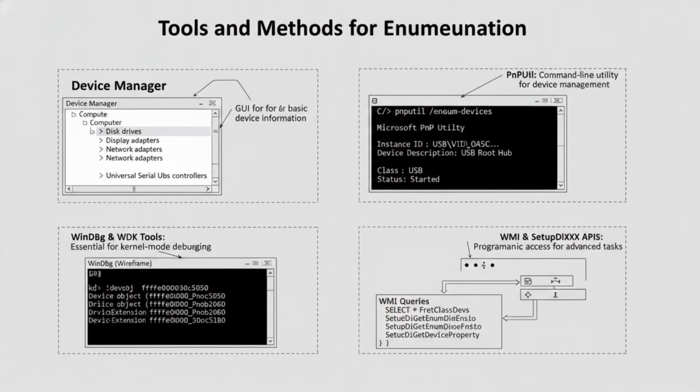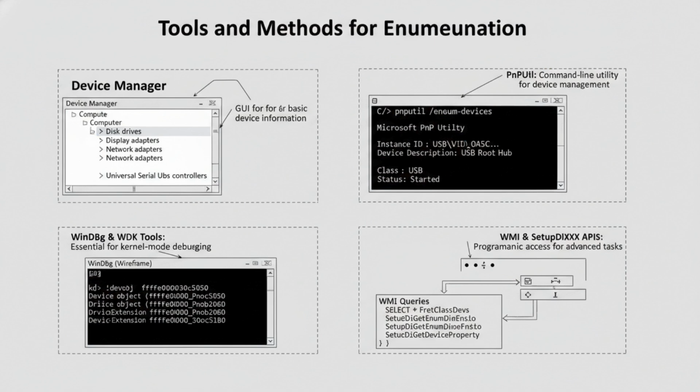Analyzing the PnP device tree effectively requires knowing the right tools. For a quick, high-level overview, the built-in Device Manager GUI provides basic device information. For command line operations, PnPUtil is invaluable for managing drivers and devices. When you need to dive deep into kernel mode, WinDbg and WDK tools are indispensable for live debugging and inspecting device structures.